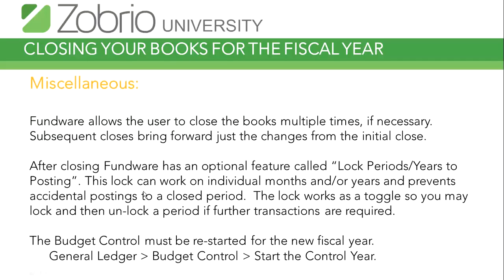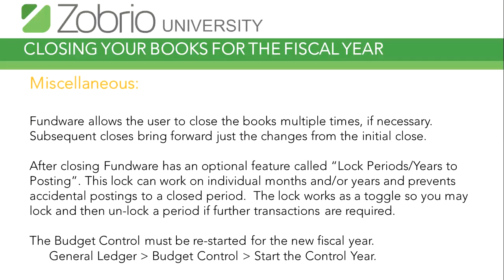And what this is, it's a bit of a toggle in the sense that you can go into a particular fiscal year and lock all the months to posting, or you can lock individual months to posting. And what that simply does is it prevents anybody from mistakenly posting a transaction to a closed month or a closed fiscal year.